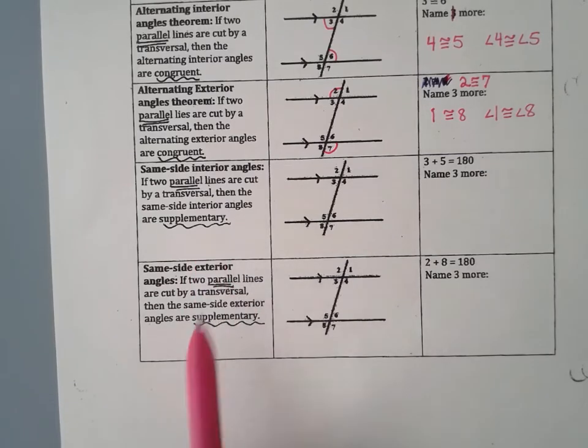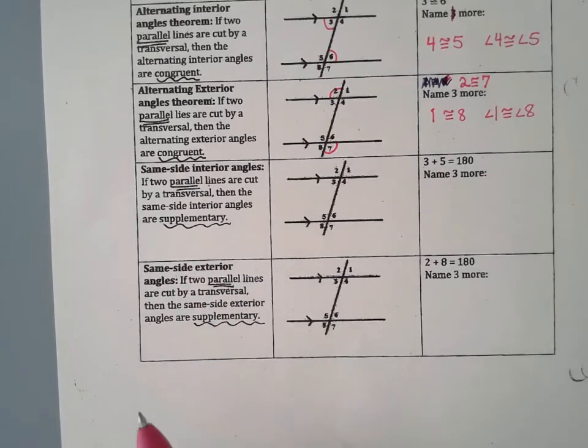Now, these last two are where we get a little trickier. Everything else we've seen, it's this angle equals this angle. With same side interior angles, it tells us that if two parallel lines are cut by a transversal, then the same side interior angles are supplementary.